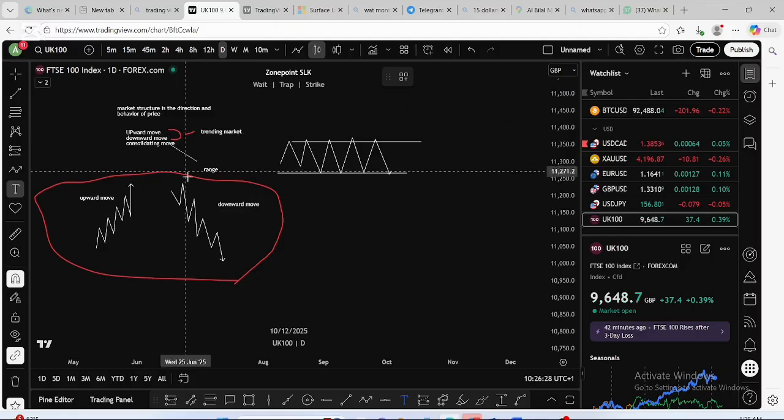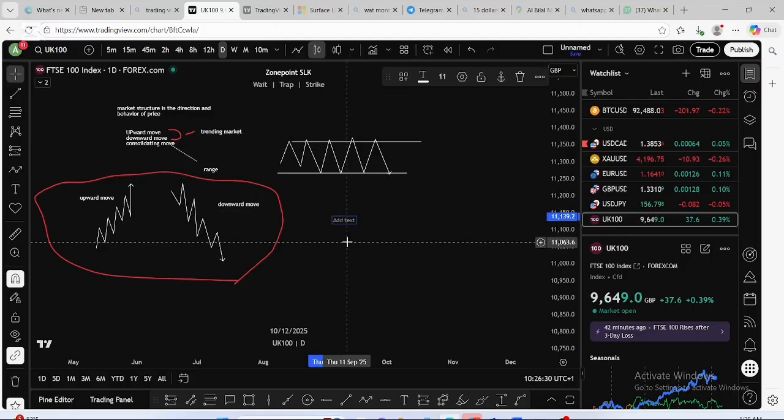So now let's talk about liquidity. What is liquidity? The lesson we are having is market structure and liquidity. So what is liquidity?